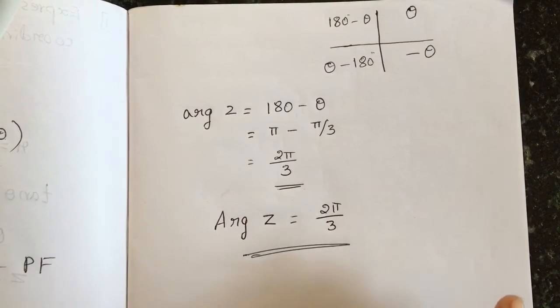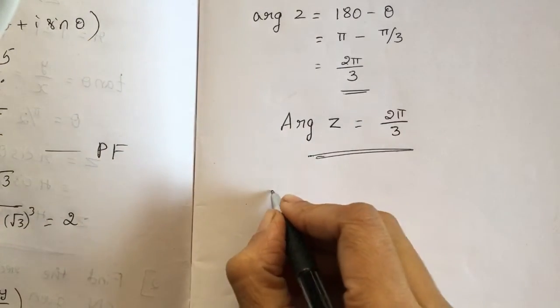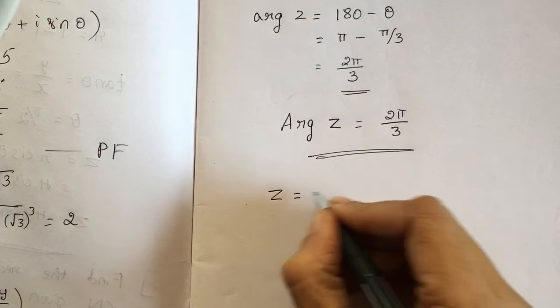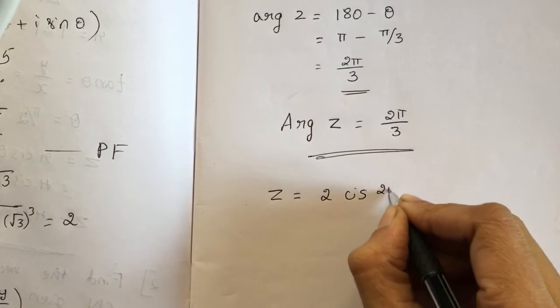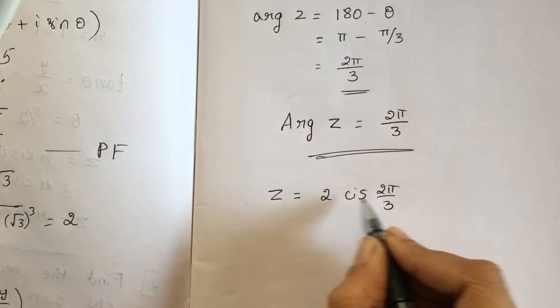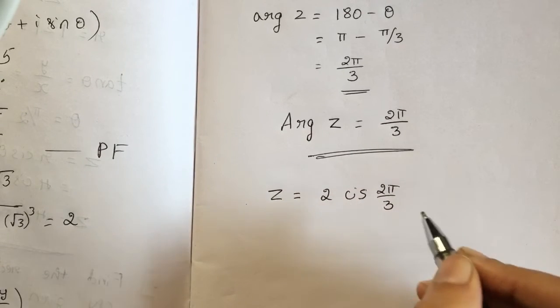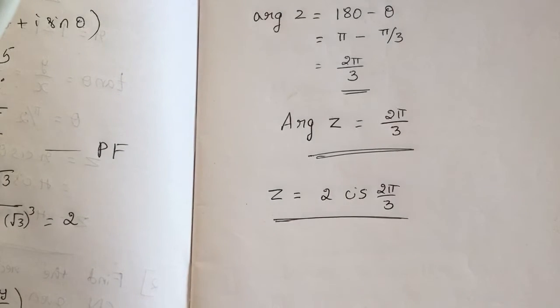Now you have to write the polar form of this. So I'm writing z equal to r, which is 2, cis 2 pi by 3, or you can write 2 into cos 2 pi by 3 plus i sin 2 pi by 3. This is the polar form. Let me take one more.